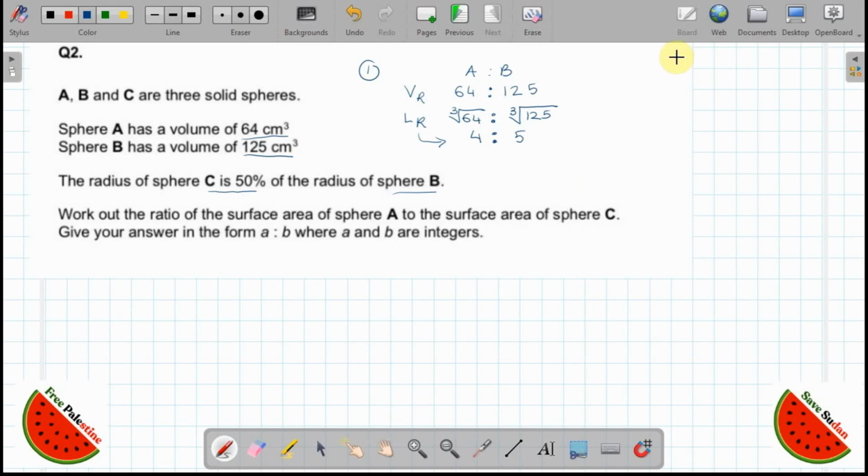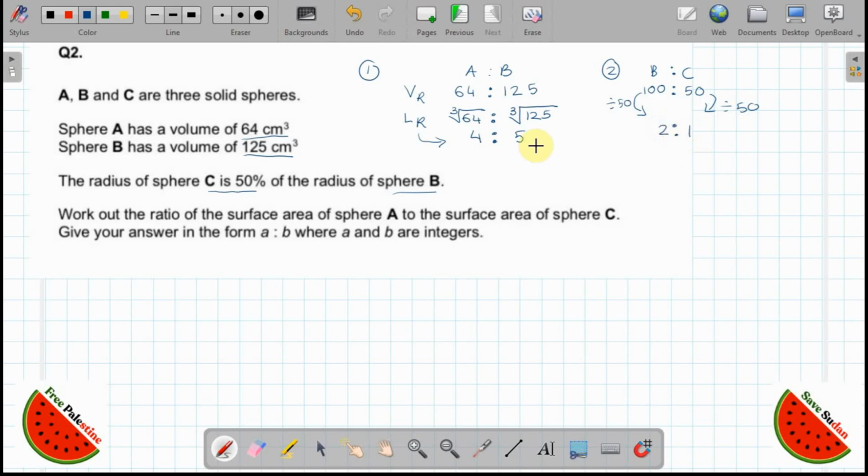So I can say B to C would be, let's say this. If this was 100, this would be 50. So processing that, number 2. So I can simplify this, let's say divide by 50, divide by 50, it's 2 to 1.